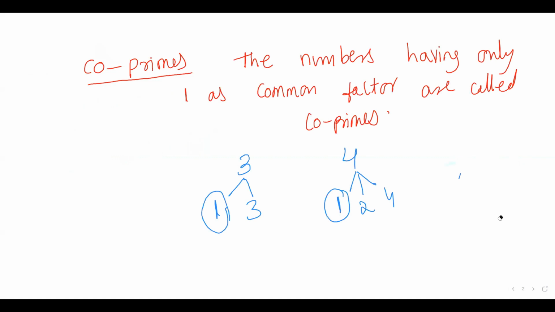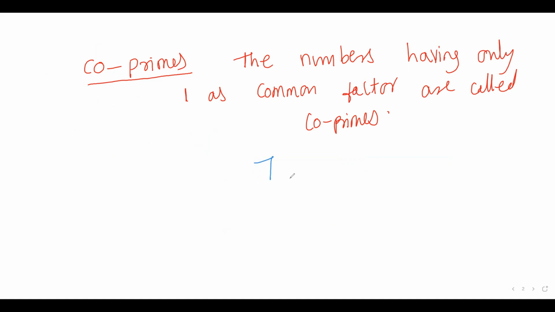So I can take 7 and 20. Shall I take 7 and 20? Let's see. The factors of 7 are 1 and 7.